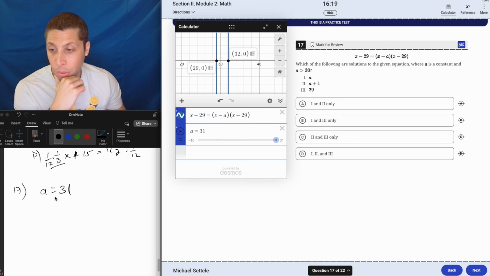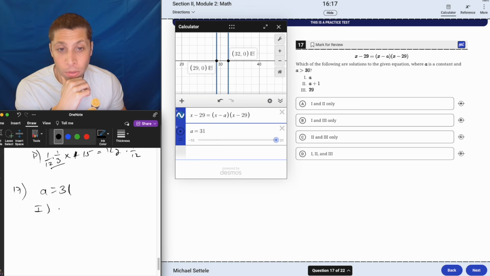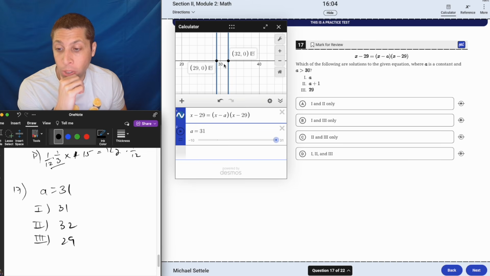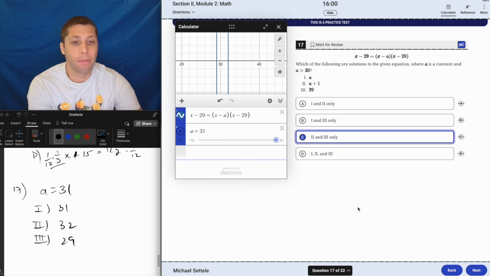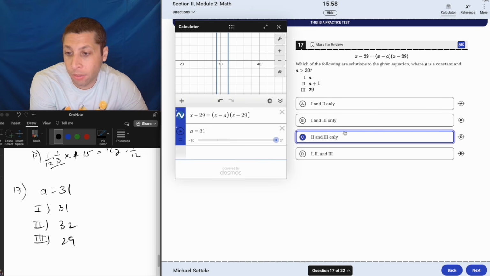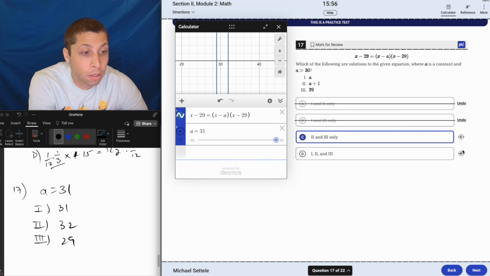So using my number, A, Roman numeral 1 is 31, 2 is 31 plus 1 is 32, and 3 is 29. So 29 checks out, 32 checks out, 2 and 3. So 1 is definitely wrong. So yeah, there you go.